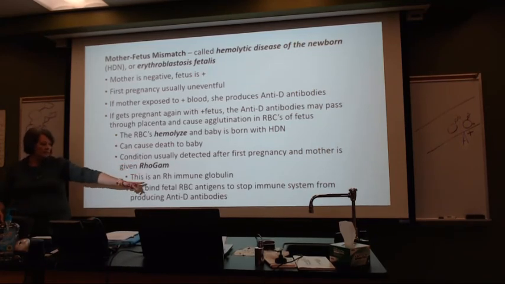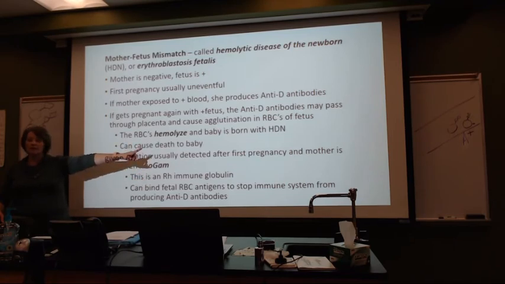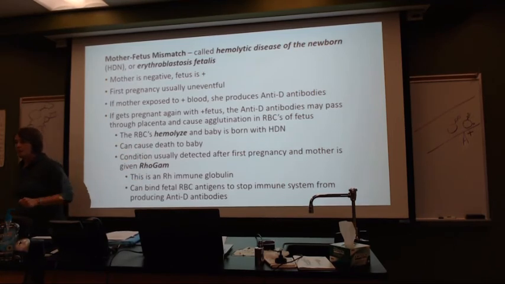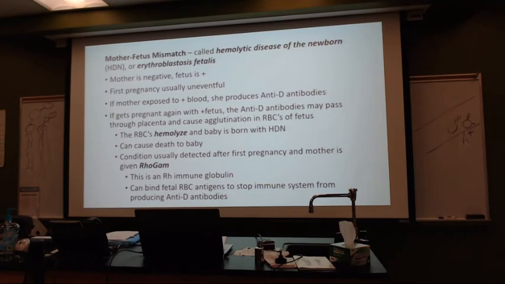Basically, it's an immune globulin. Remember, globulins travel in the bloodstream. So that means that the woman's Rh factor is changed after. She would still be considered negative, but she has developed antibodies to the positive.